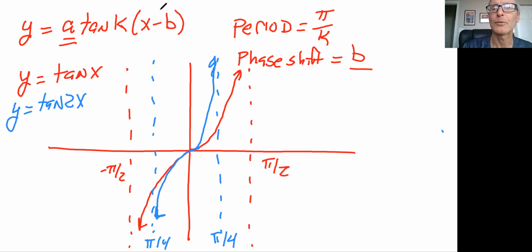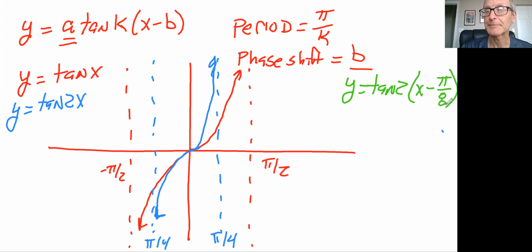So y equals tan of 2, and then we go x minus, let's do pi over 8. So now what do we have? We have the period is still pi over 2, and now our phase shift is pi over 8.